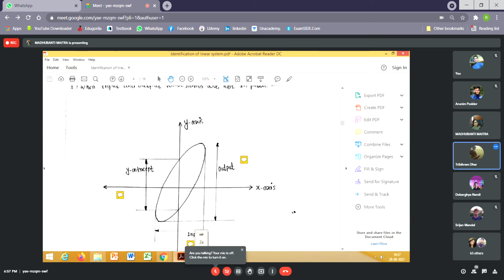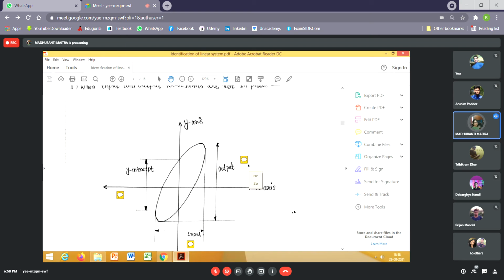Yes, ma'am. Also, it can be proved that the phase shift between the output and the input, that means the phase angle, relative phase shift, phase angle of the output with respect to the input, phi, is equal to sine inverse of 2C by 2B.